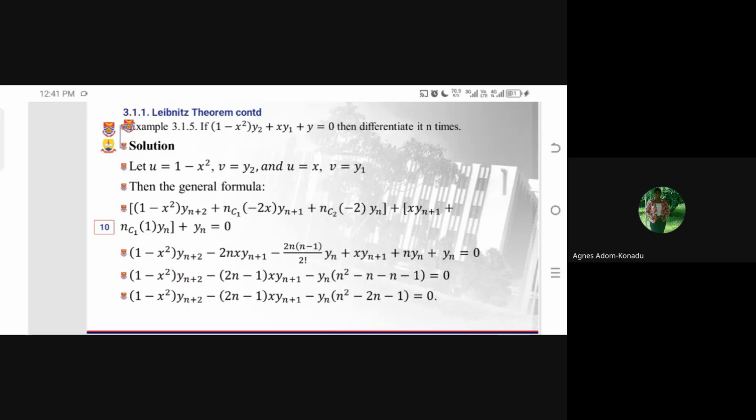Please, give us your plain board. So we are solving them one after the other. We are solving the first term, then after that we'll solve the second term. So let u be equal to 1 minus x squared. That is my u.